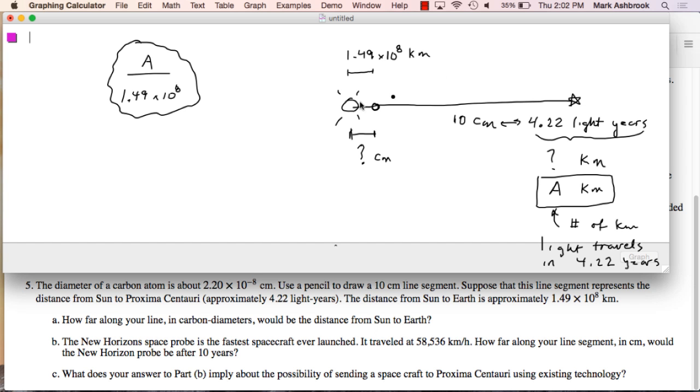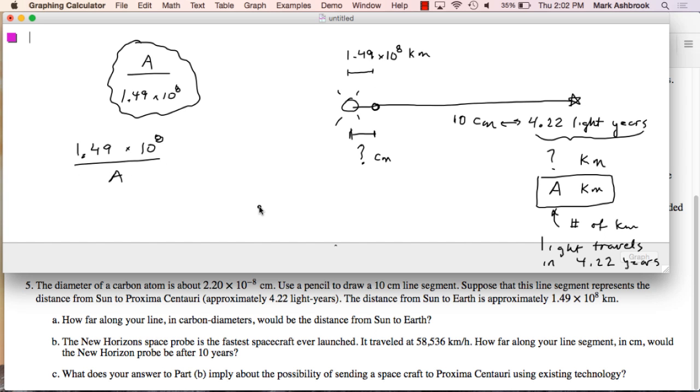And so what are we going to do? If this whole thing is 10 centimeters, then we want that fraction of 10, right? So that's the number of them. What fraction of the whole length this is would be 1 over that, right? So let's start with 1.49 times 10 to the 8th over A, a different way to think about this.